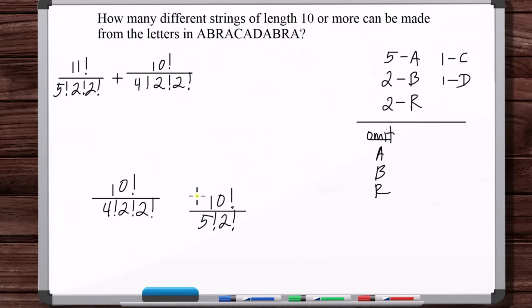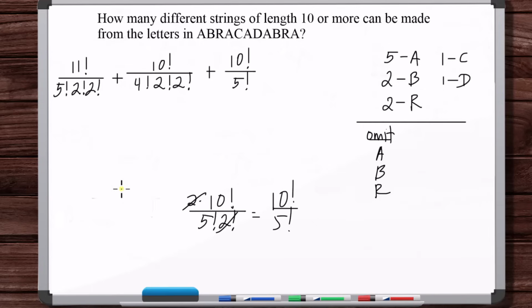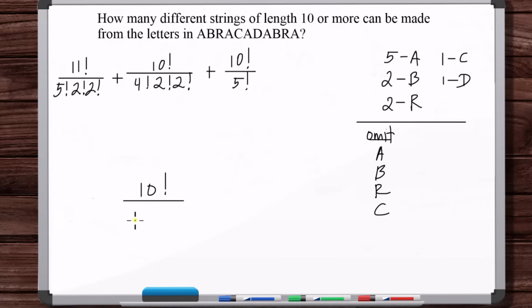So we can just multiply this by 2, and these cancel, so you've got 10 factorial over 5 factorial. Now, what if we omit a C? Well, then we've got 10 factorial over 5 factorial, 2 factorial, 2 factorial, but that's going to be the same as if we omit the D. So multiply by 2.